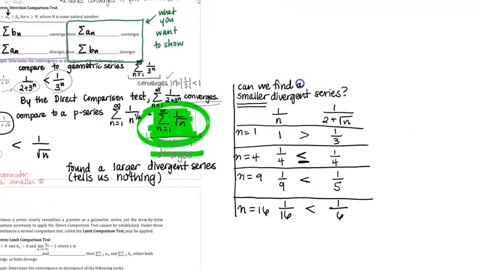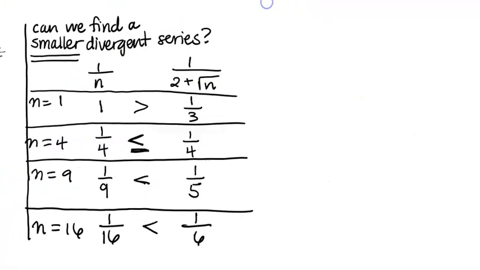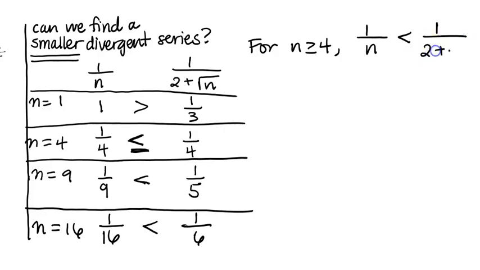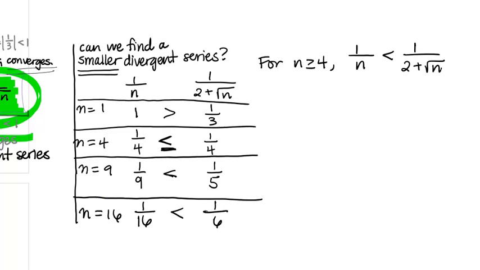So it looks like for n greater than or equal to 4, the harmonic series 1 over n is smaller than the series we're working with, 1 over 2 plus the square root of n. So yes, we can find a smaller divergent series.